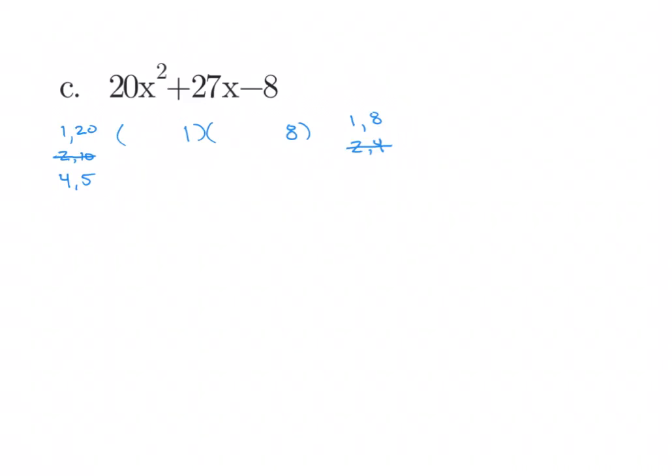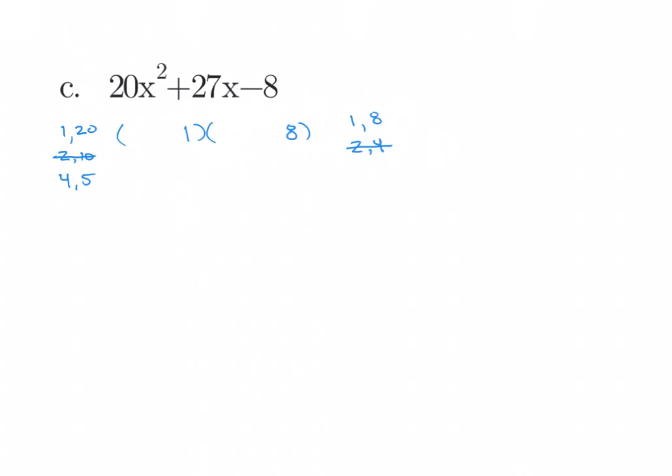Now this is already kind of maximizing it. How many of you are feeling like 1 and 20 is a good option? And for me, the answer is I don't want to work with 1 and 20. 20 cannot go in this set since 20 and 8 are both divisible by 4, which means it would have to go over here. Well, if we put it over here, we're going to have to multiply 20 times 8, which is 160, and that's nowhere near 27.